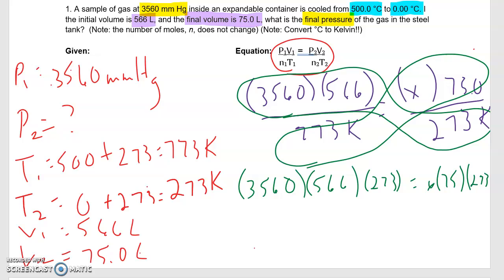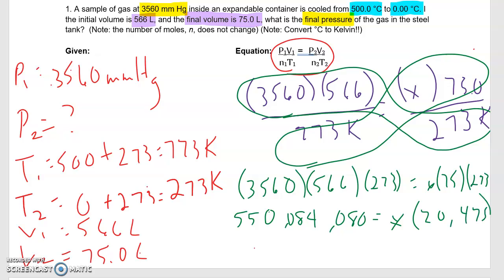I'm going to put these numbers into my calculator, and this is what I'm going to get. I definitely get a huge number for this first one. I'm going to get something like 550,084,080 equals X times 20,475.